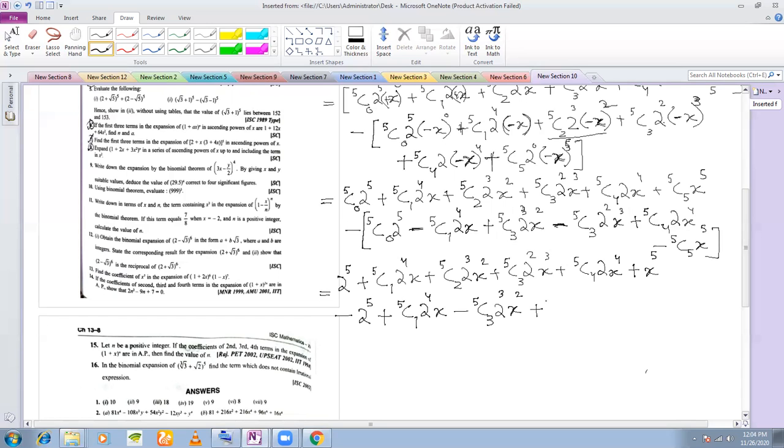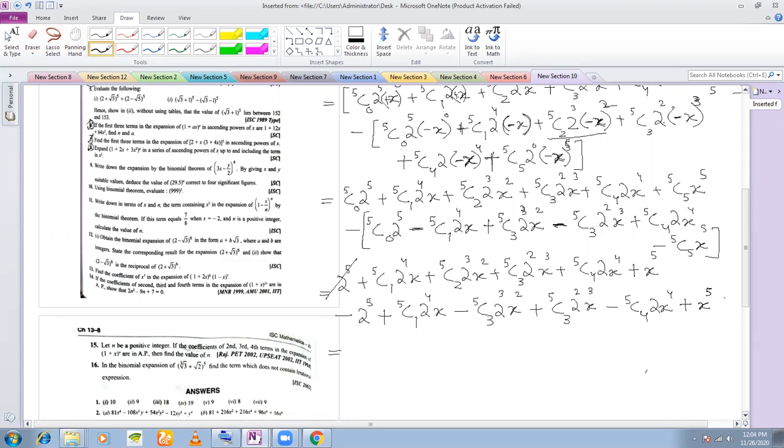Again minus sign becomes a plus sign. 5c3 2 square x cube minus 5c4 2x to the power of 4, and then this again becomes a plus sign. 5c5 x to the power of 5. In fact 5c5 you can omit, because it is 1, so you simply write x to the power of 5.